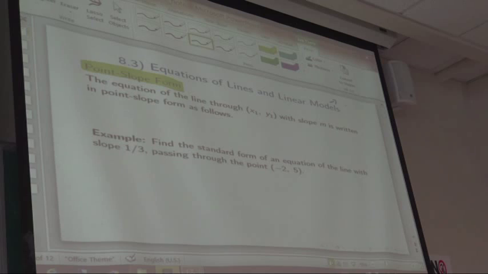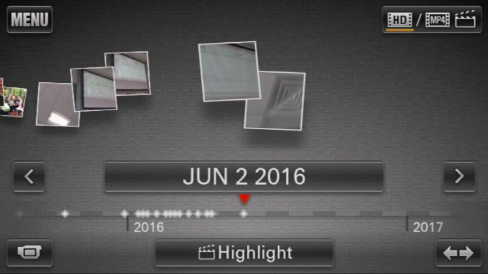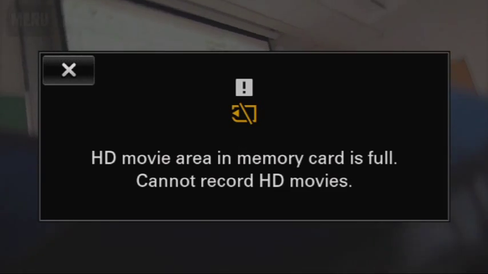So we want to find the linear equation. Well, if I write it down here, y is equal to negative a over b x plus c over b.